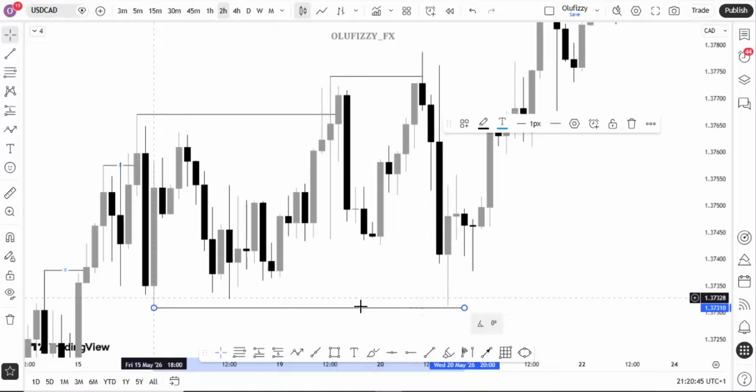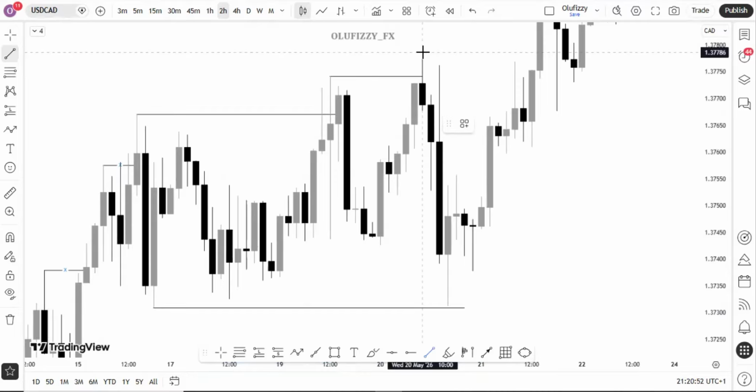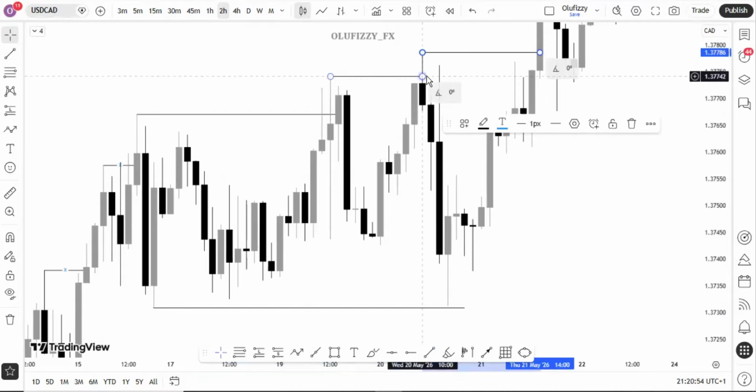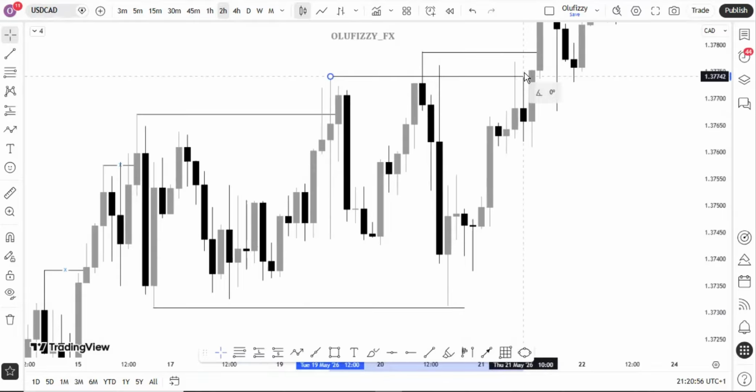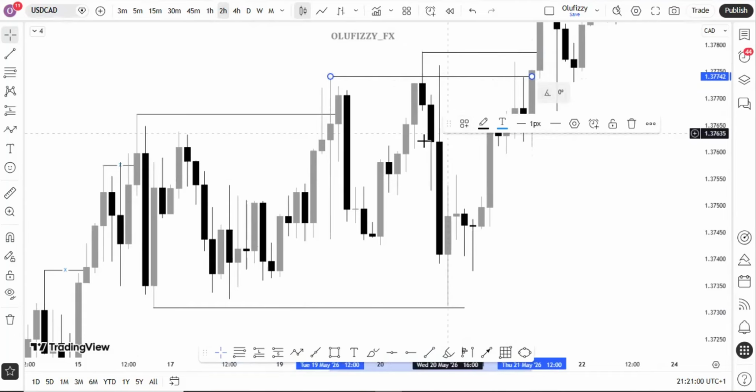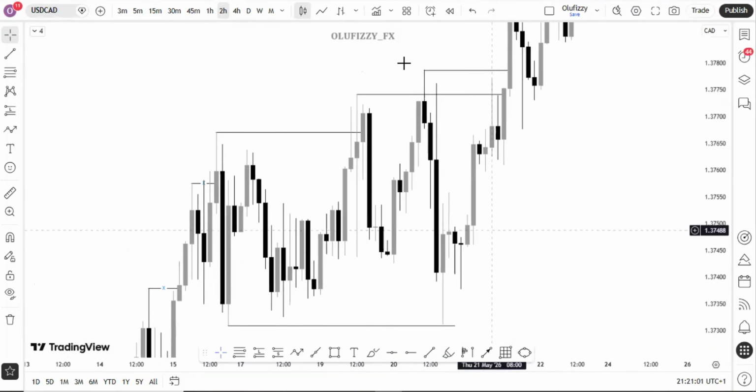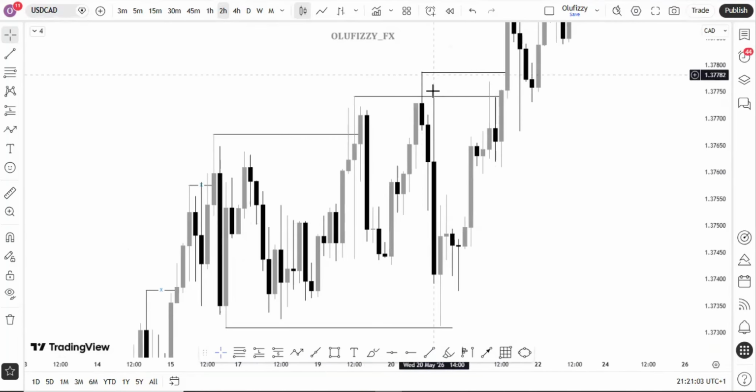From there now, can you see what price did? Price comes all the way down here, and it gives us the break of this high, or we can say price breaks this structure here, this candle. So now let's consider this swing high as a new break of structure, because price broke both of them.